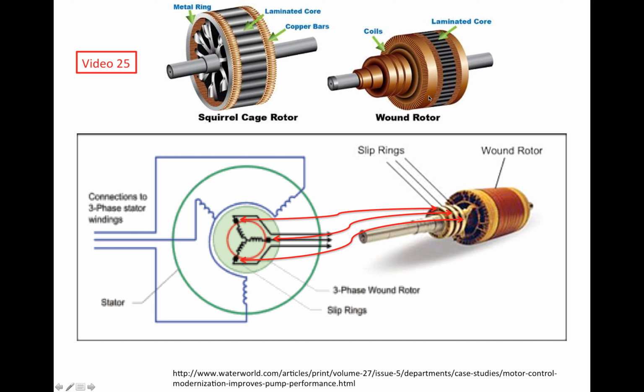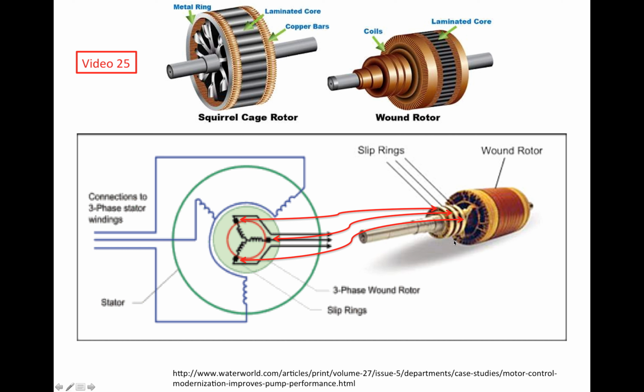The rotor in a squirrel cage induction machine does not have windings on it. But the rotor in a wound-rotor or slip ring induction machine has three-phase windings with a number of poles identical to that in the stator. So you can put wiring on the rotor in a way that's compatible with the wiring in the stator. And then the end point of the winding for each phase is connected to something called a slip ring.